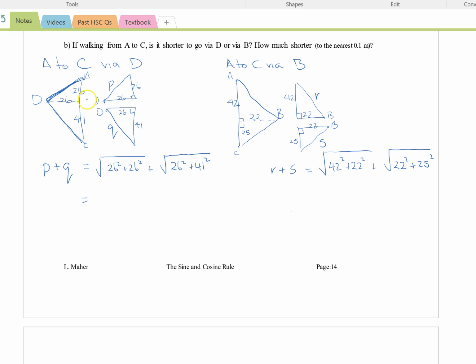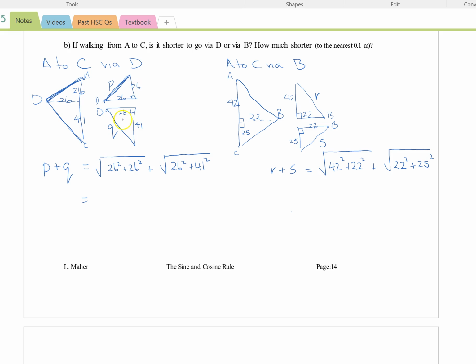The other two sides were 26, because that was a perpendicular height, and we worked out that was 26 because it was the difference between 41 and 67. Now the way to get this becomes a hypotenuse.